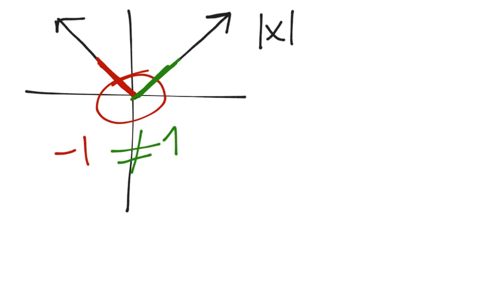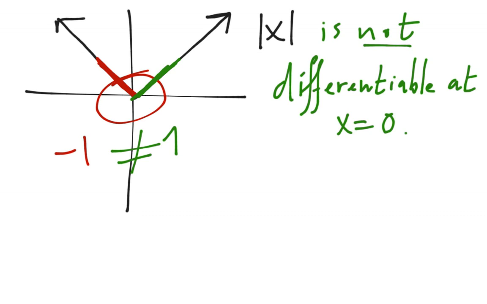So here we can say that absolute value of x is not differentiable at x equals 0, just like that.